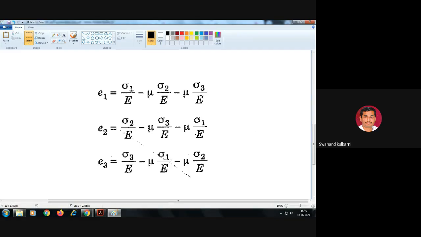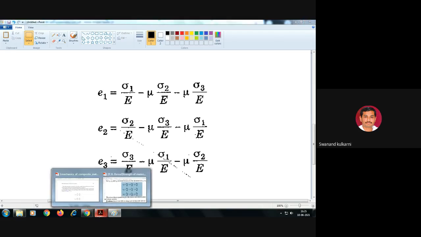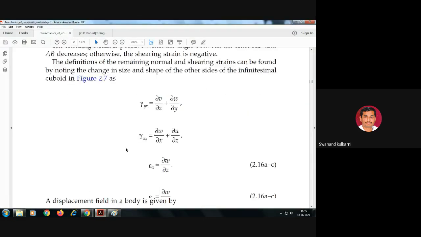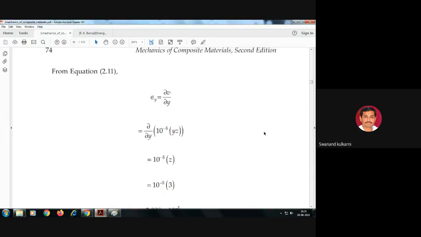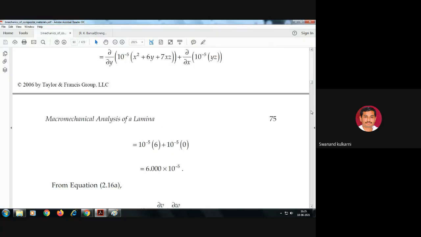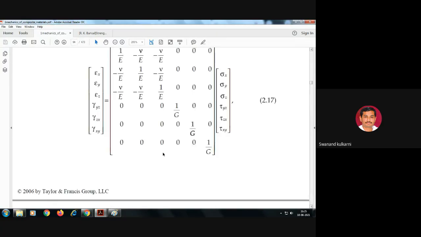Is it okay? So let us have the small matrix here. If we consider that there is a small matrix where E1, E2 and E3 we are taking into consideration, then let us see what is going to happen here. So I will come to the exact matrix value here.